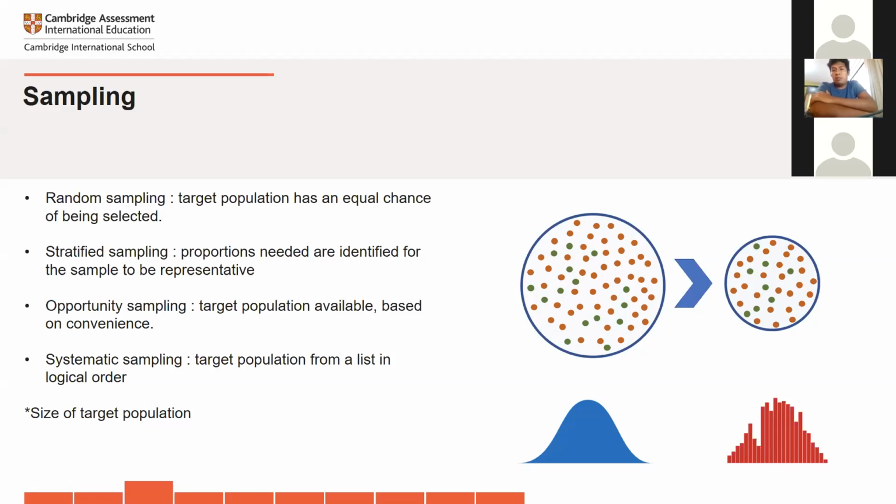Can we say that stratified sampling is the most accurate? Yes, but it is the one that determines the most expense. Okay, it's the most costly. And it's not very easy to find all the people willing to be submitted to the research. That's why in most of the research that we have studied, opportunity sampling is applied.